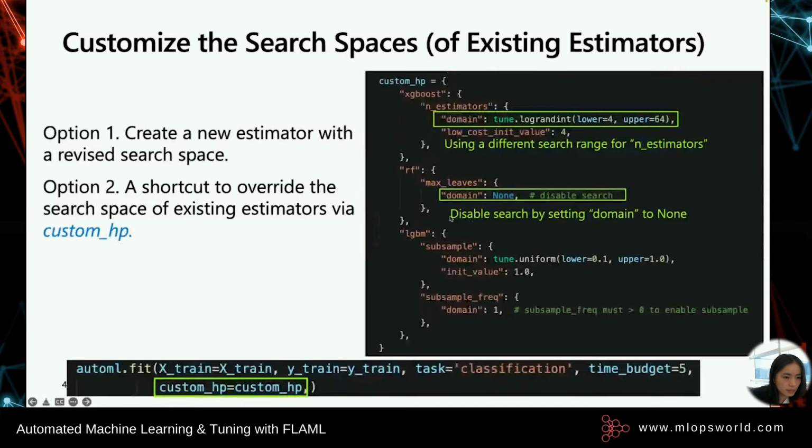In the next one, I'm disabling the search by just setting the domain to be None. And in the third one, I'm setting the domain to be a constant value, such that I'm always using this constant value for the hyperparameter named subsample frequency.